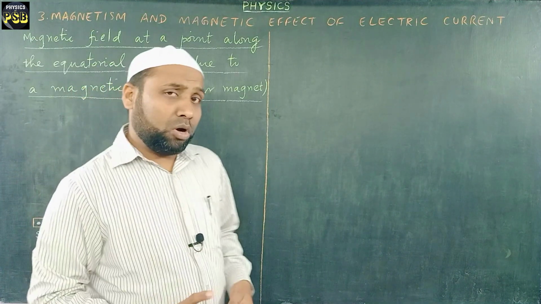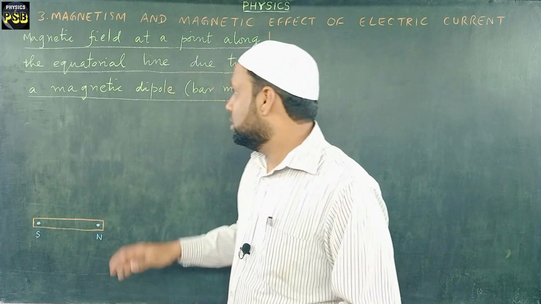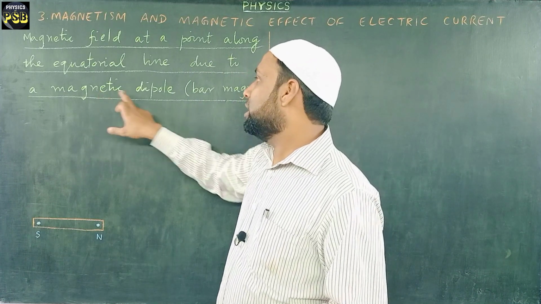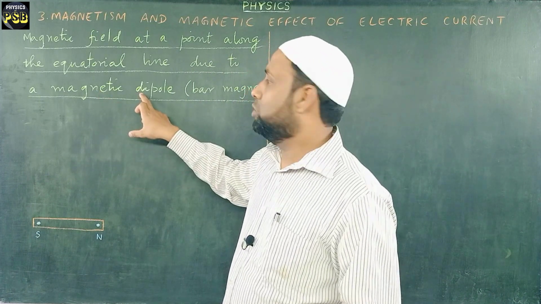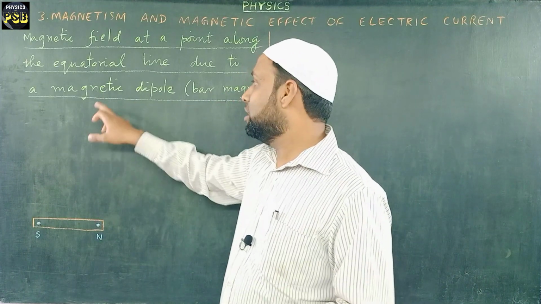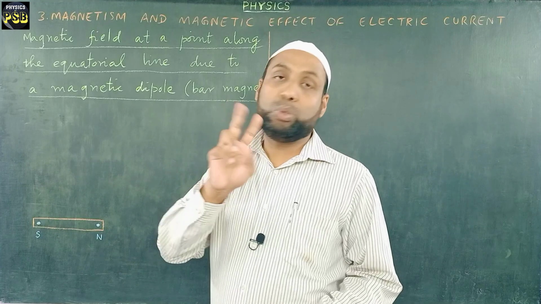Every magnet has two poles. For that reason, the magnet can be referred to as a magnetic dipole. So instead of calling it a bar magnet, it can be referred to as a magnetic dipole. Here di stands for two.